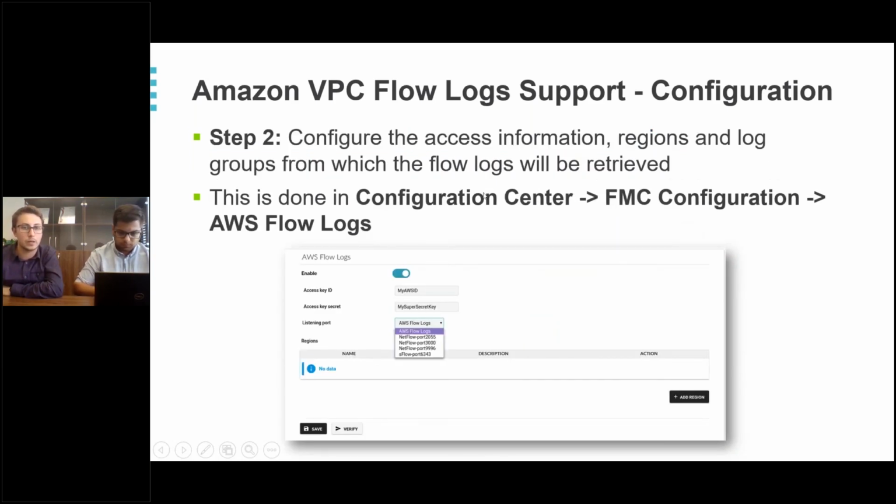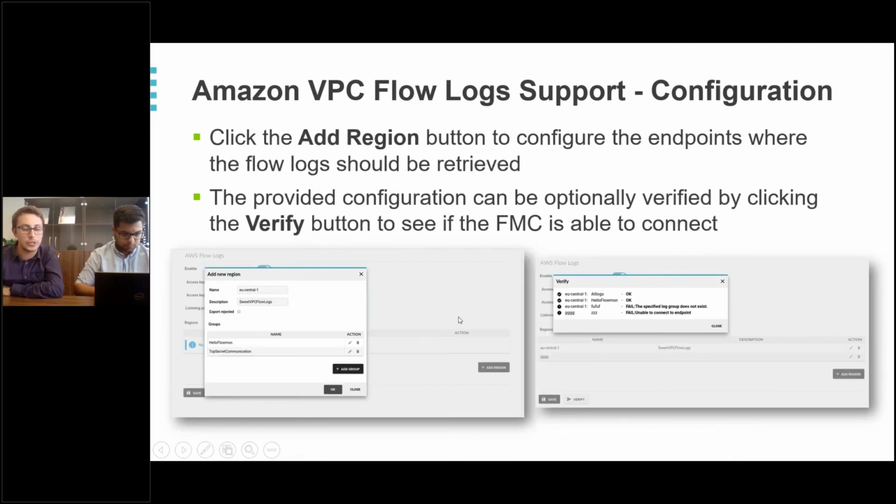Second is the configuration of the AWS flow logs. You have to have some shared secret that is issued by Amazon. You have to know the access key ID and access key secret, and then you select the listening port that you've previously configured. You can then select the region, which basically means the data center from which the flow logs will be sent.